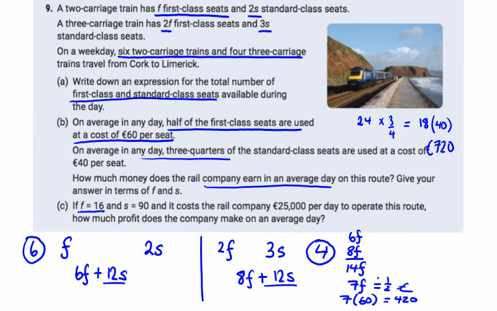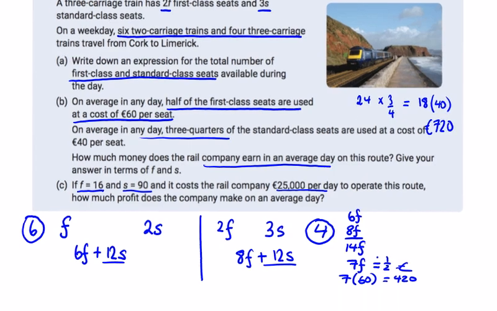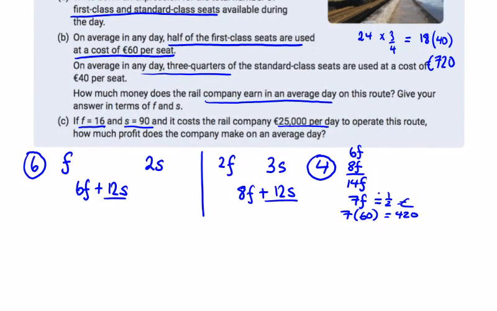And if F is 16 and S is 90 and it costs the rail company 25,000 a day to operate this route, how much profit does the company make? So we said there was going to be 7F used. 7F will be 7 by 16, 70 and 42 is 112 of these seats, and they cost 60 a seat.